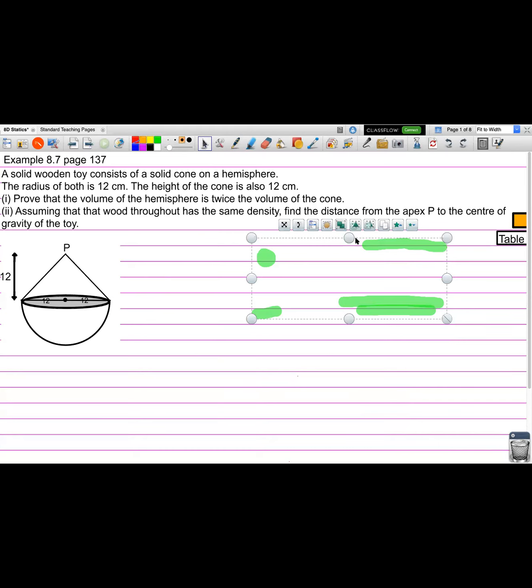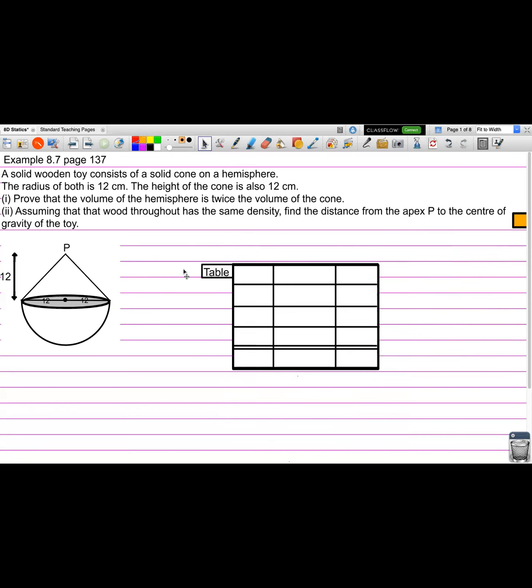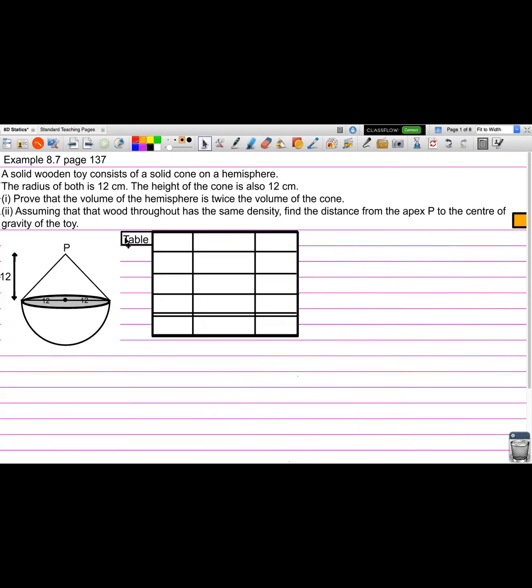Okay, now the next thing is we're going to adopt the same approach as we did before. So we are going to be filling in a table, and this table is actually too big, so we won't be using the last line. We're going to be looking at 2 objects, not 3.